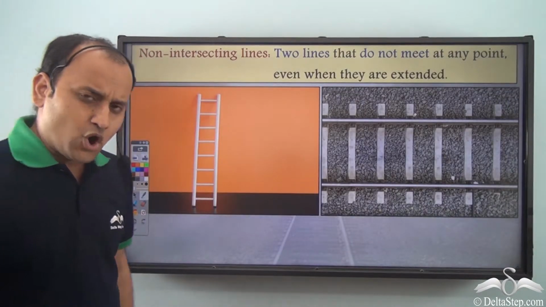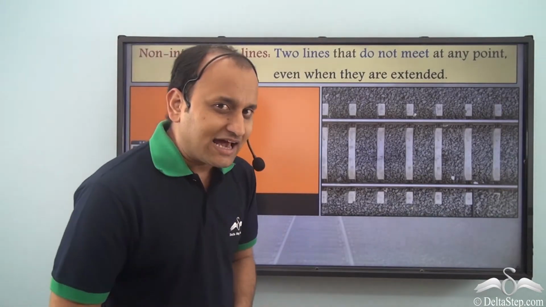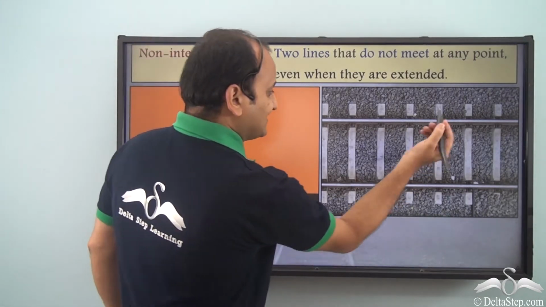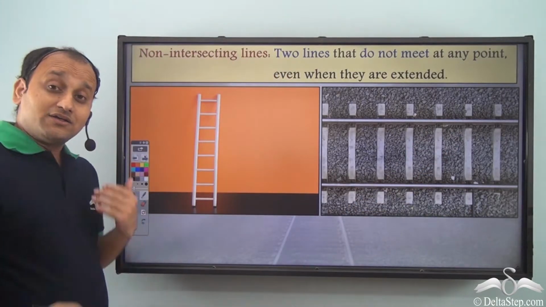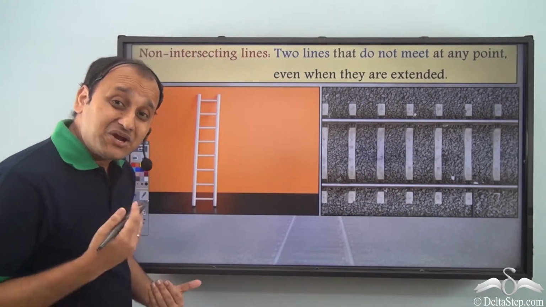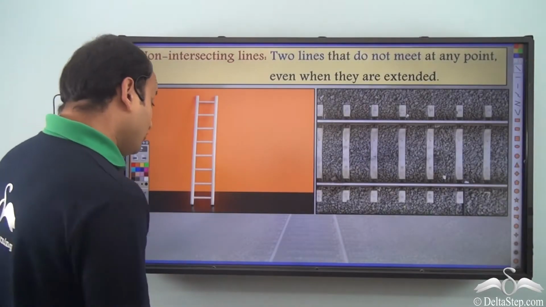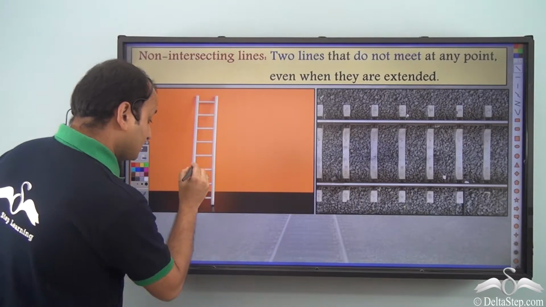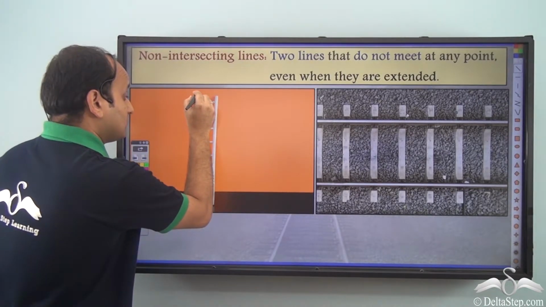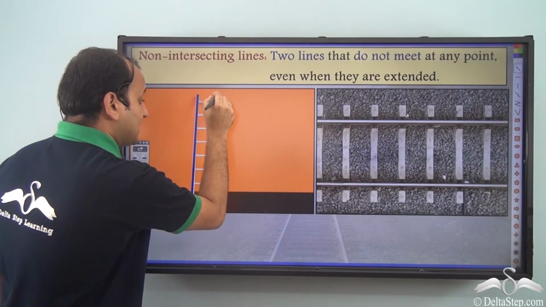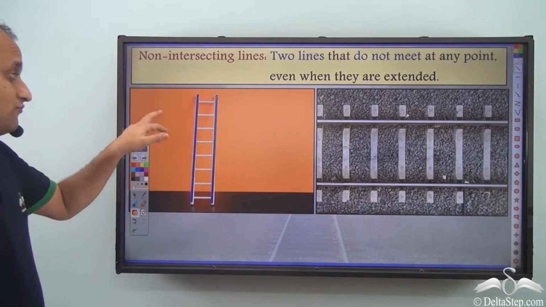So what are some common examples of parallel lines? Well, this ladder and this railway track are both very good examples of parallel lines, because if you draw a line along these two parts of the ladder, what do you get?